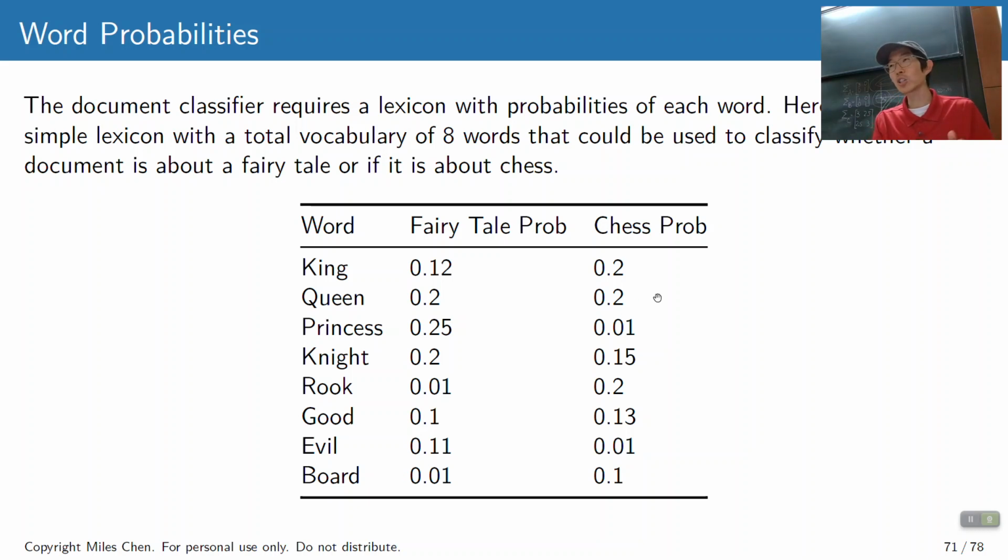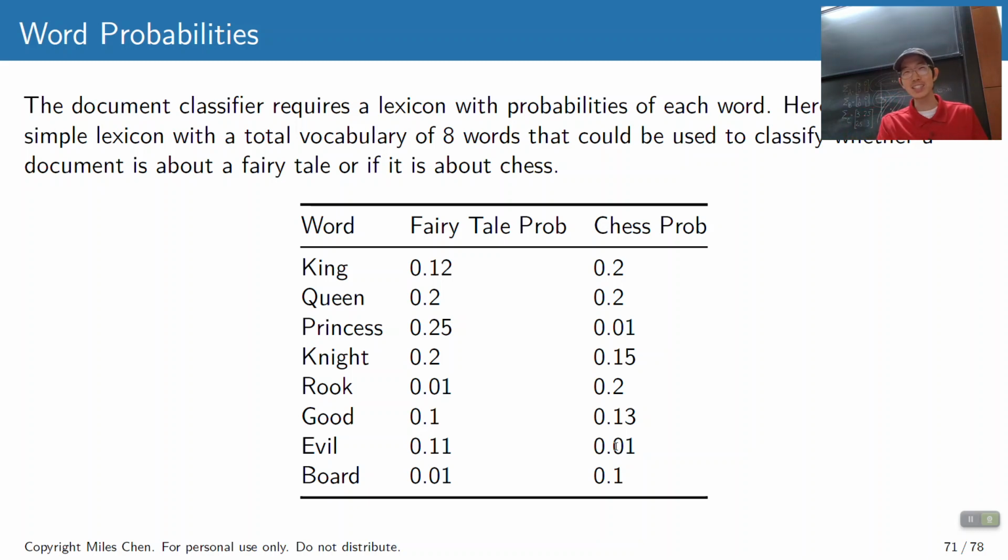Whereas with chess, king and queen are probably likely to be spoken about. But the word princess is unlikely to appear in a document about chess, right? Rook will appear in chess. Good, maybe like a good move, sure, that could appear in chess.